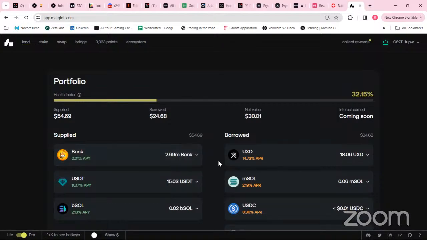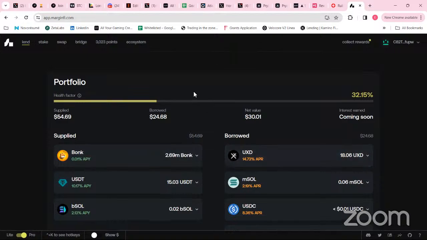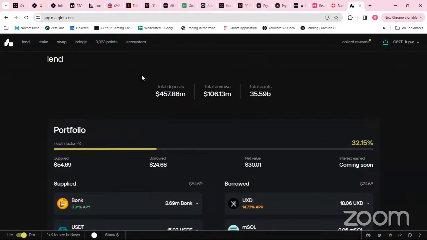When you supply, you can also borrow. I'm just farming MarginFi. MarginFi is a lending and borrowing platform, so I'm just farming their airdrops. The fact that I bought Bonk and I'm holding Bonk makes me eligible for any potential Bonk airdrops. That's one.